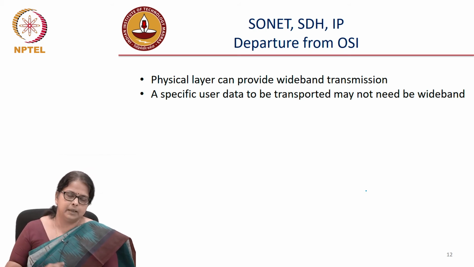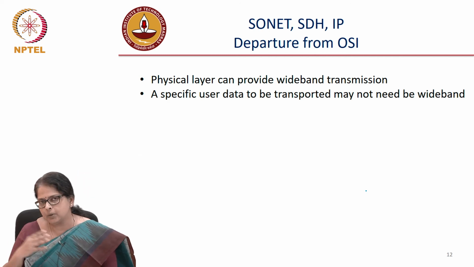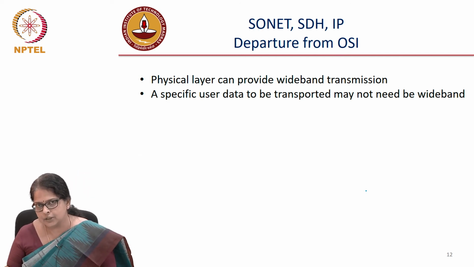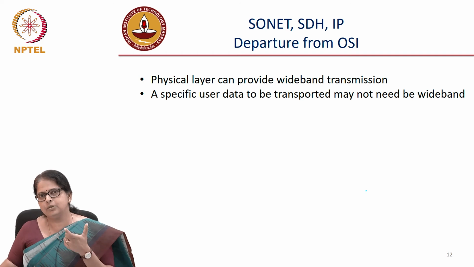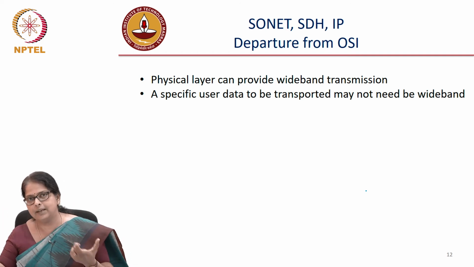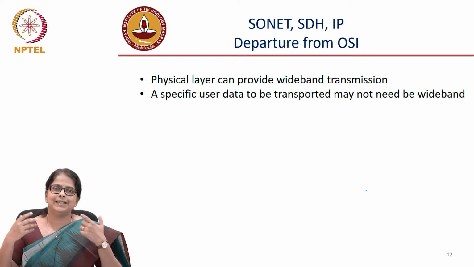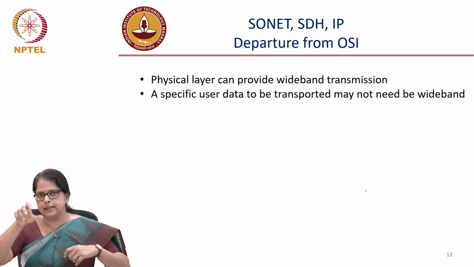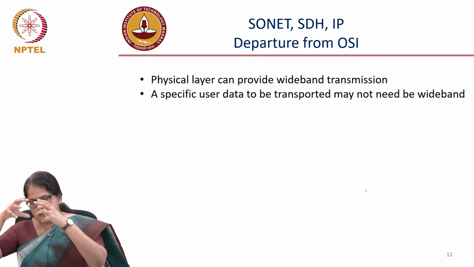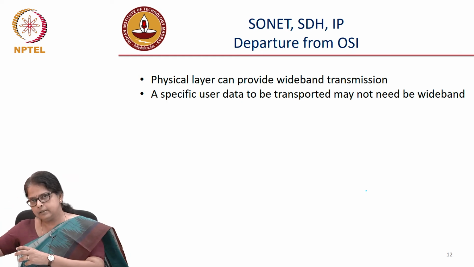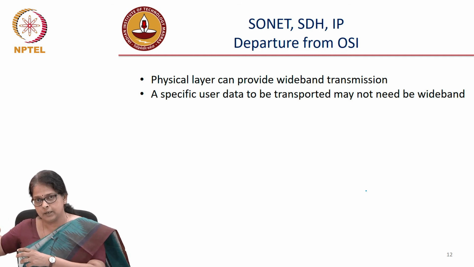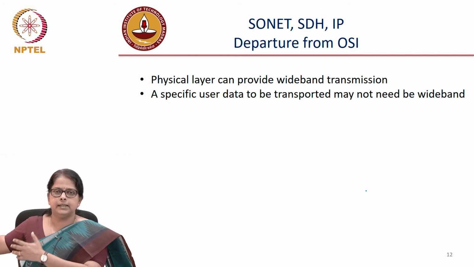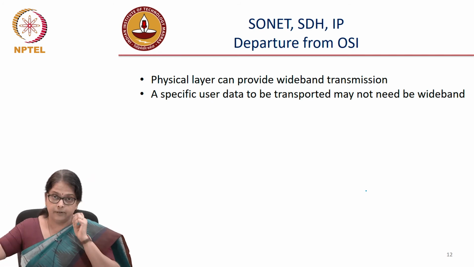So, what really happens? Even if you want to send your voice information, the data rate required is not very large, or rather the users do not individually require that large a data rate. So, there must be some functionality in the network that aggregates the data from different users, multiplexes them, and then transports them through the different parts of the geographical network, and similarly deaggregates at the receiver side or at different nodes.